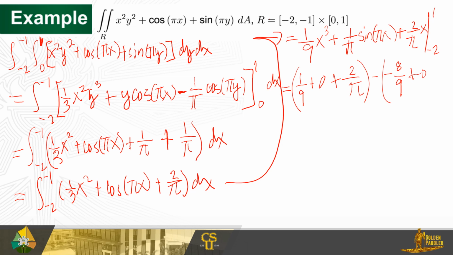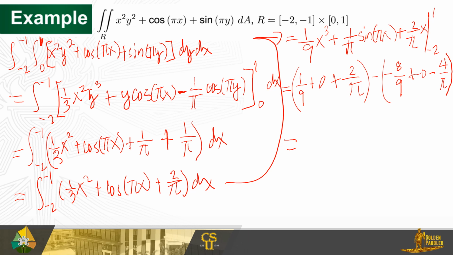Plus, sorry, it's minus 2 times 2, we have 4 pi. So it becomes minus because -2 is our evaluation. Okay? So we now have 1/9, then this becomes positive, no? Positive 8/9.